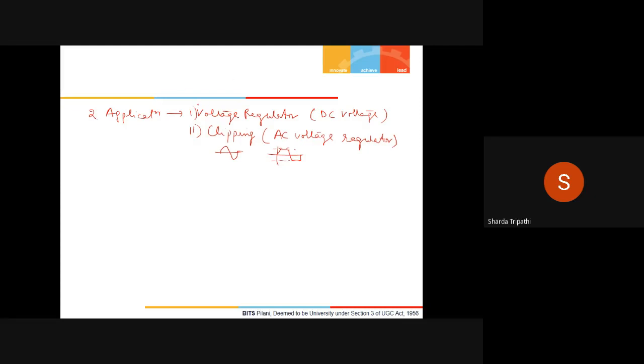For a typical voltage regulator circuit, the very basic diagram goes in this way. You will have some input voltage. Here I am taking a DC voltage. Let me call this plus minus VI. And then this is some resistance R. And in the parallel branch, I have placed my Zener diode, which has the breakdown voltage of Vz.